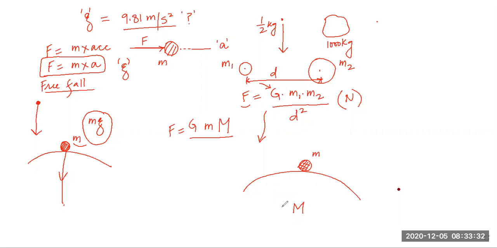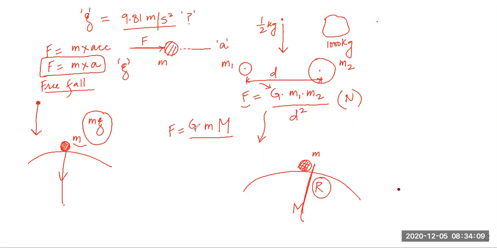This is the center of the earth, and this is the center of the body. So this distance is r, the radius of earth, plus the distance from the surface of the earth to the center of the body. But this distance may be very small, maybe 10 or 15 centimeter if it is a ball, but the radius of earth is in thousands of kilometers. So we can neglect this distance and just imagine that the distance between the center of the body and the center of the earth is the radius of the earth r.